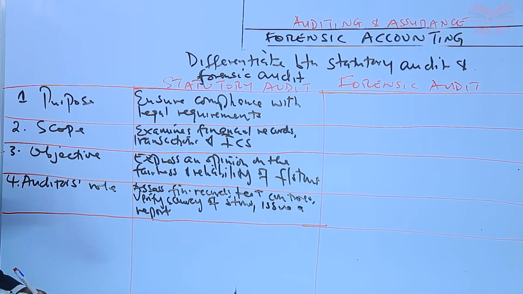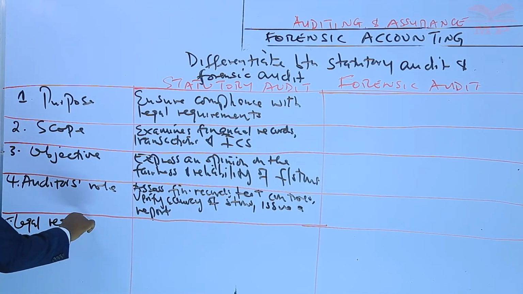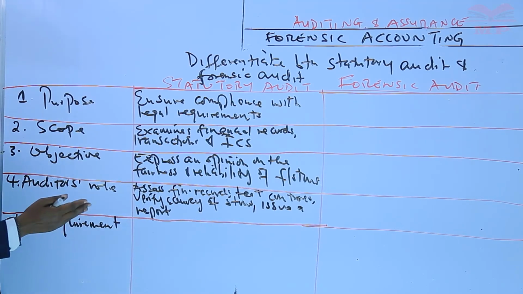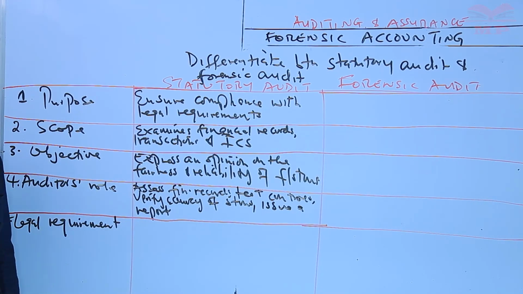Then we can distinguish the two based on number 5, legal requirement. Statutory audits are mandatory. Statutory audits are mandated by law or regulatory bodies and are typically required for companies, government entities and other organizations to comply with legal obligations.